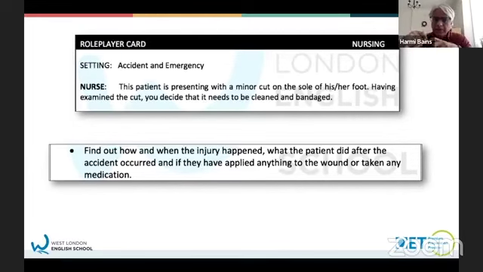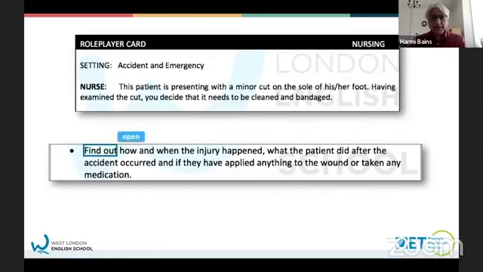Remember, you've got 3 minutes to prepare. And like I was saying, put those 3 minutes to good use. You can see this is your first task, and it says find out. But really, if you look closely, you've got a few things to find out. It's not just asking one question, but you're going to ask a few questions.